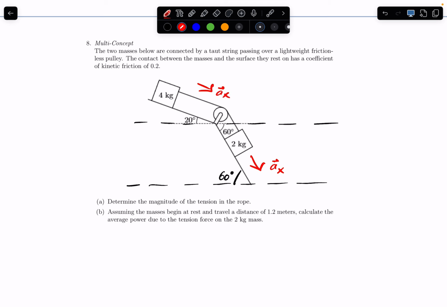So, my coordinate system, my x-axis, is going to go down the rope like that. That comfortable for everyone? Yeah. All right. This is part A. We'll do part B probably tomorrow. We're going to take M1 and M2 as a system.